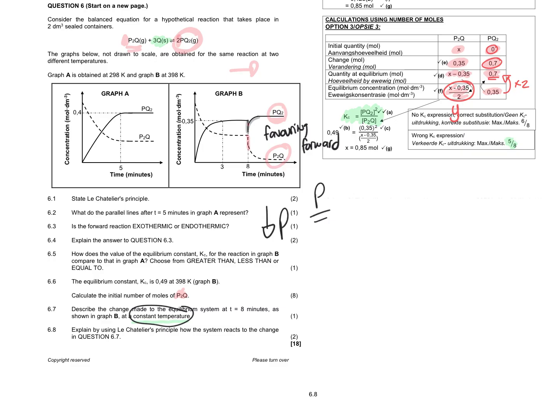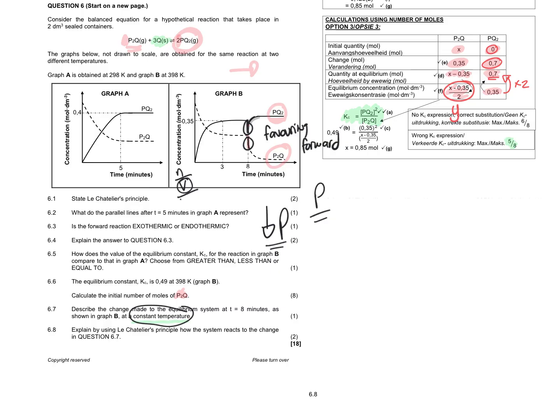If you decrease the pressure, you increase the volume. Concentration is number of moles over volume. If you increase the volume, you're going to decrease both concentrations. Immediately both of these went down because you increased the volume to decrease the pressure.